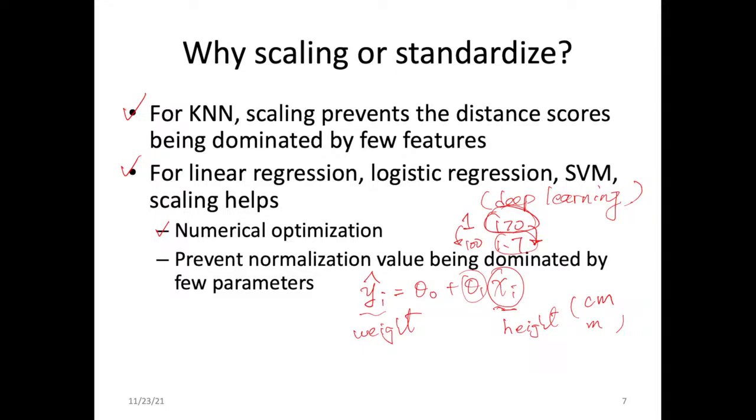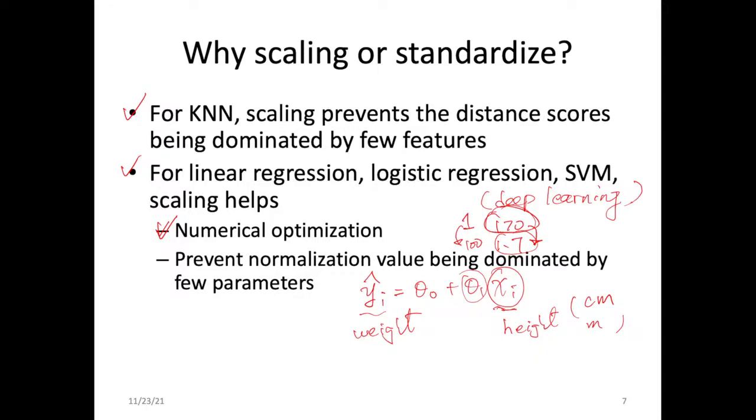So it seems that for linear regression or logistic regression, we don't really need to scale the features. But the reason that we still need to scale the features is because when each feature is on a similar scale, then numerically, it's easier for us to find good thetas. That's for numerical computational reasons.